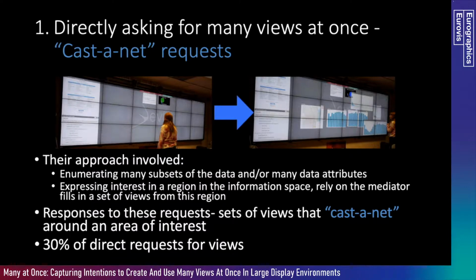Sometimes they expressed interest in a region within the information space, such as interest in one crime type or neighborhood, and then they relied on the mediator to fill in a set of views that responded to this expressed interest. We term this casting a net because they effectively cast a net around a set of attributes or a set of subsets of the data, which elicited responses in multiple views. This represented around 30% of direct requests for views.